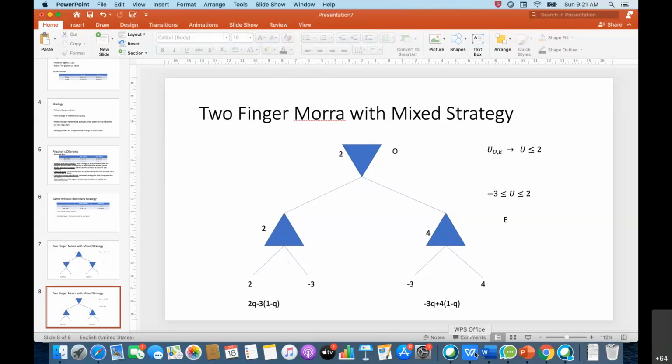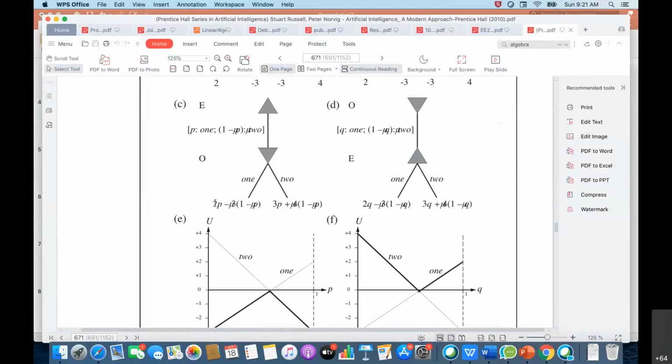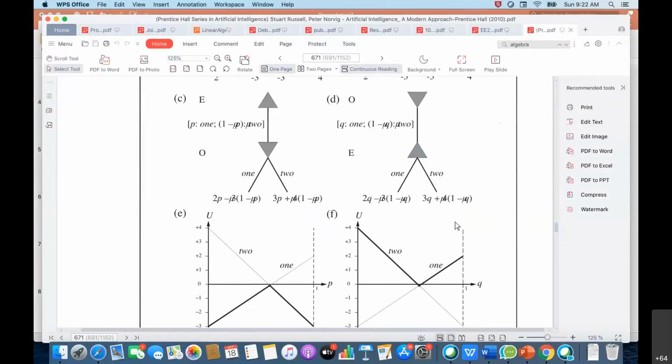Now, if you see these expressions, that is 2P minus 3 into 1 minus P, there might be some printing errors. The fact is that 2P minus 3 into 1 minus P and minus 3P plus 4 into 1 minus P are for these two lines. The same is applicable for this also.